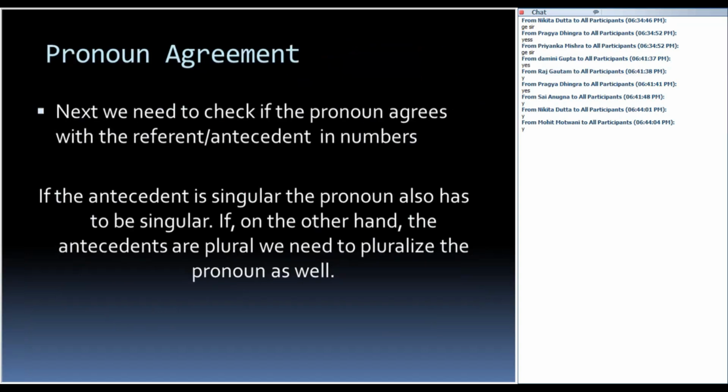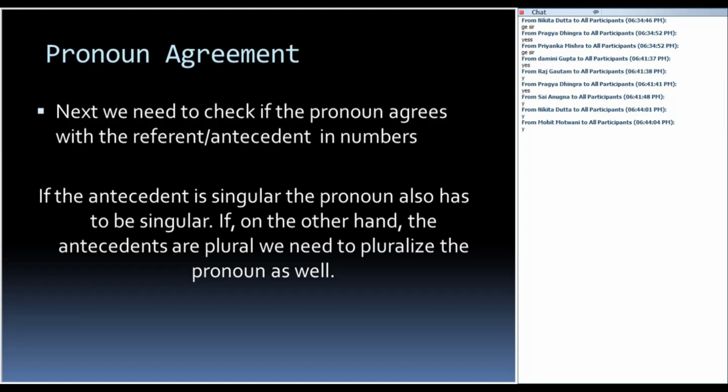Now let's talk about the second error that we'll see in pronouns, that is pronoun agreement. Just like in subject-verb agreement, if the subject is singular, the verb is singular. If the subject is plural, the verb is plural. Similarly, if the noun is singular and you are replacing it with a pronoun, then the pronoun also should be singular.